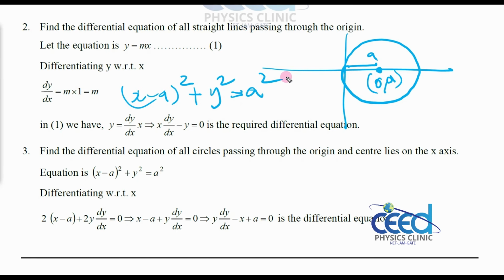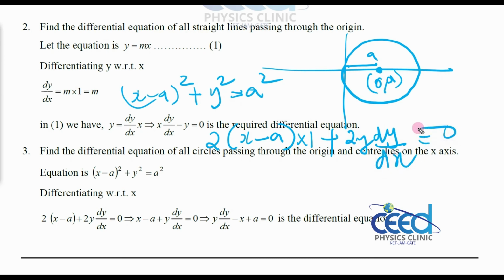When I differentiate, I get 2 into (x minus a) into 1 plus 2y into dy by dx equal to 0. When I rearrange this, I can cancel 2 from all terms, so x minus a plus y dy by dx is equal to 0.